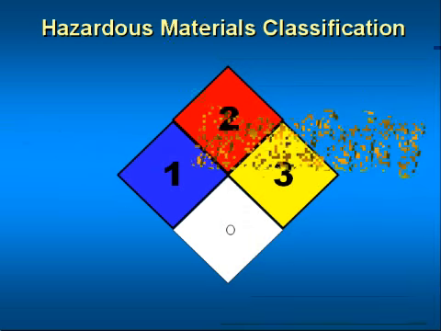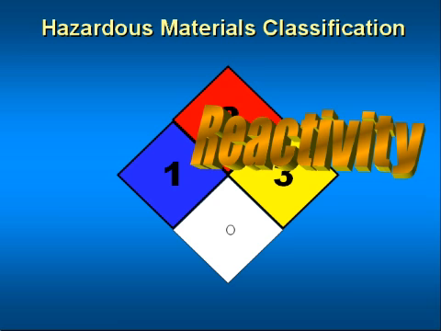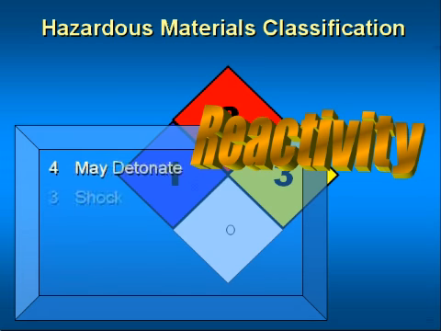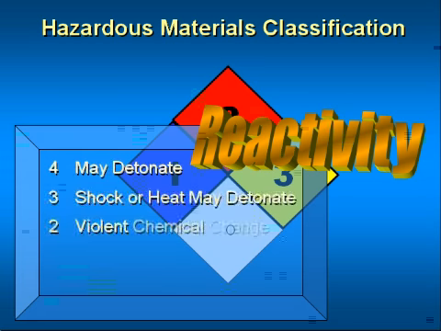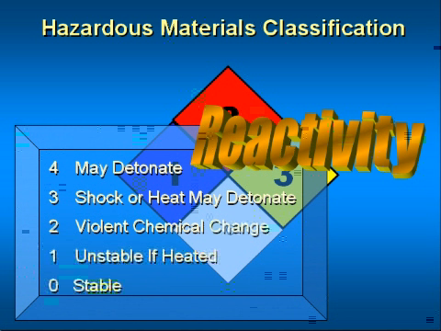The yellow section of the NFPA Fire Diamond is referred to as the reactivity section. What we are really seeing here is whether or not this commodity, if it comes in contact with water, will or will not explode or produce things called toxic inhalation hazards and become unstable.